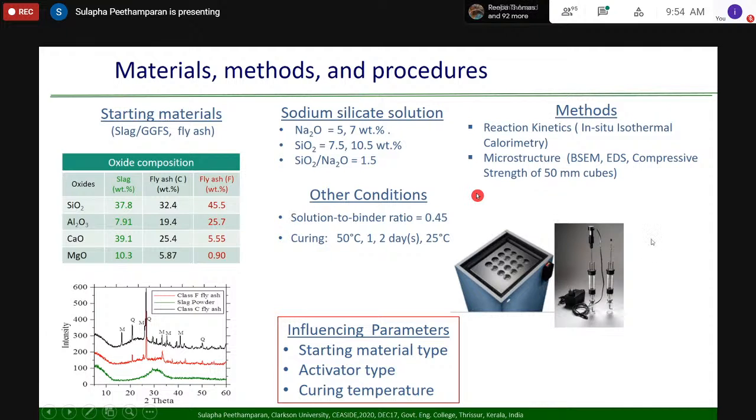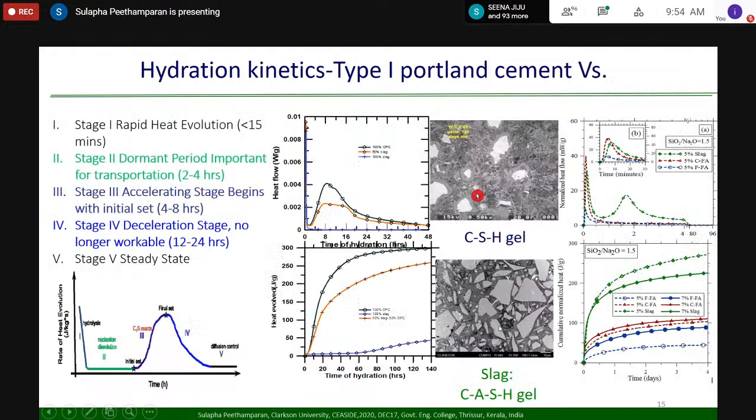So what we normally do is use a very high-tech box called isothermal calorimetry. We put the paste inside this chamber and measure very accurately how much heat is evolved while it is reacting.